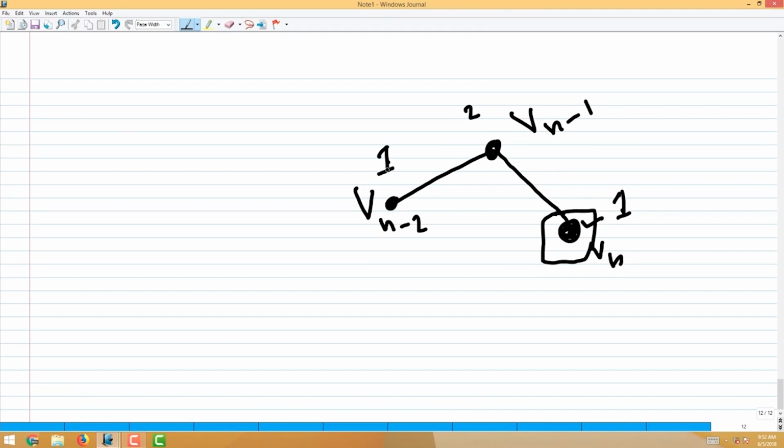But it's possible that I can have this. Suppose this edge was there, right? Then I have to take a new color. It's required, right? It's not that I am unnecessarily doing it. Now look at Vn minus 3, the third one.